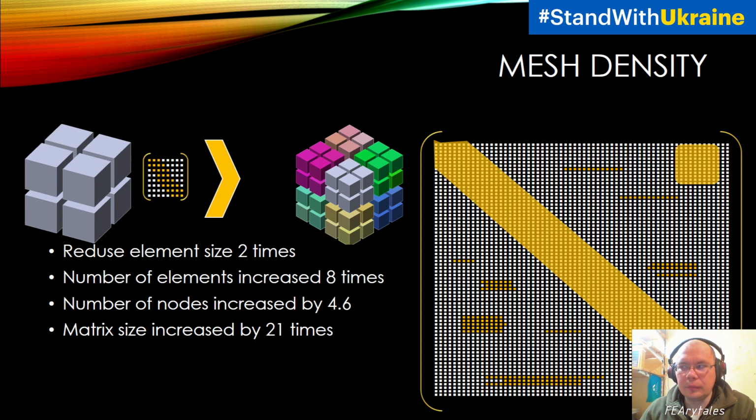And in some old books, in some old scientific papers, and in some old how-to guides and so on, you can find information that for a lot of tasks you can use, but carefully, linear tetra elements.